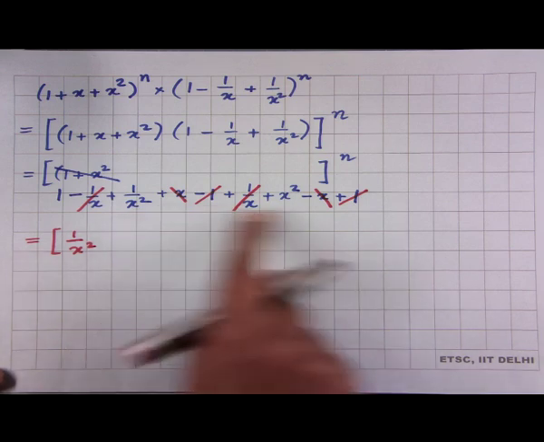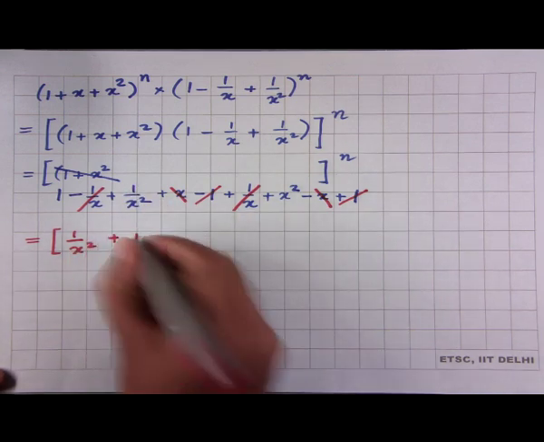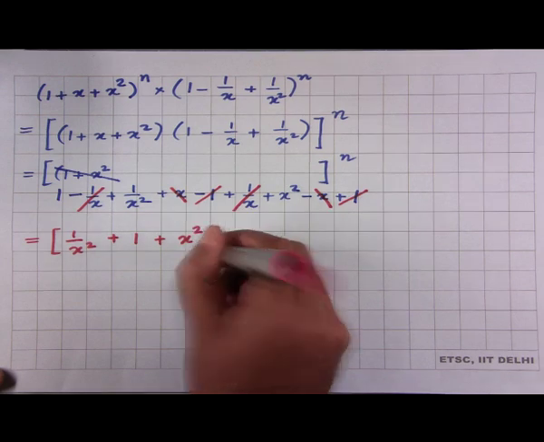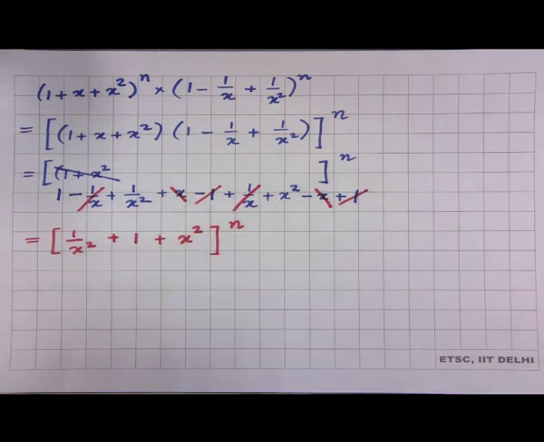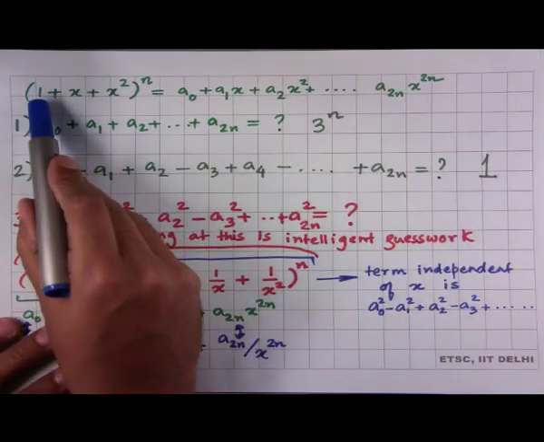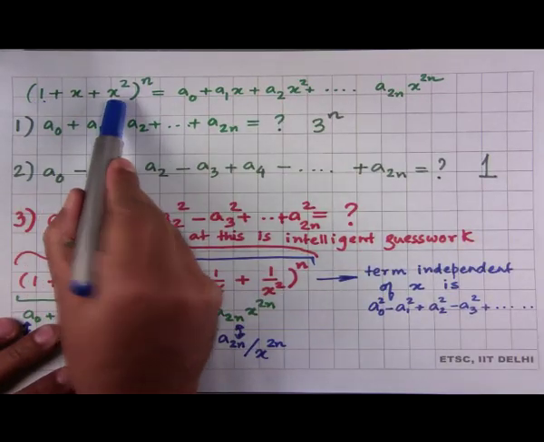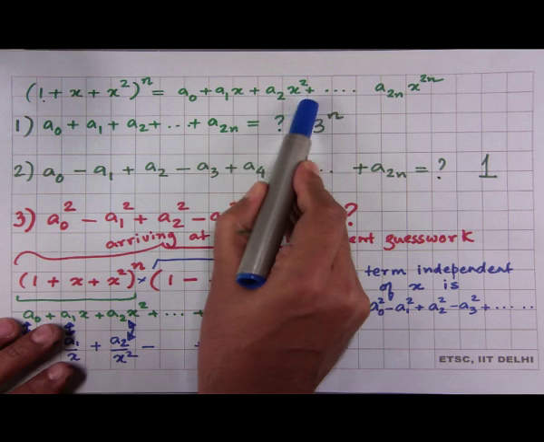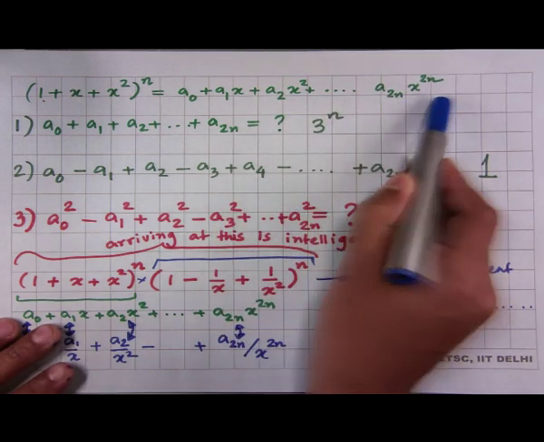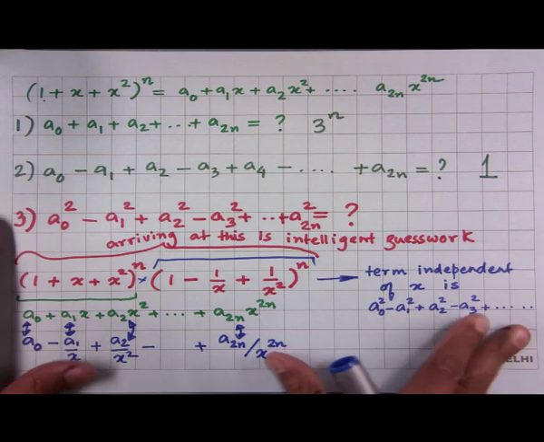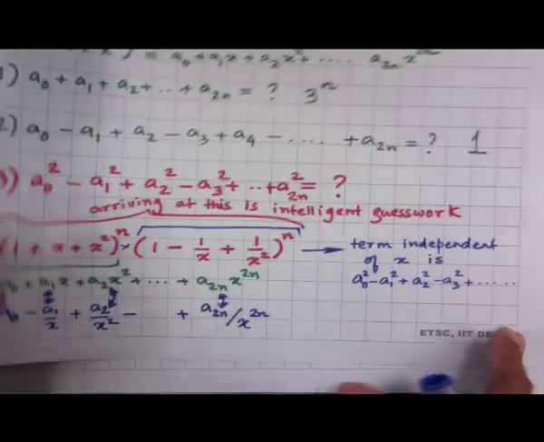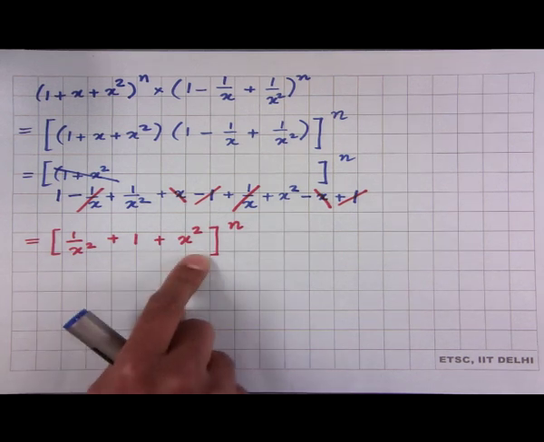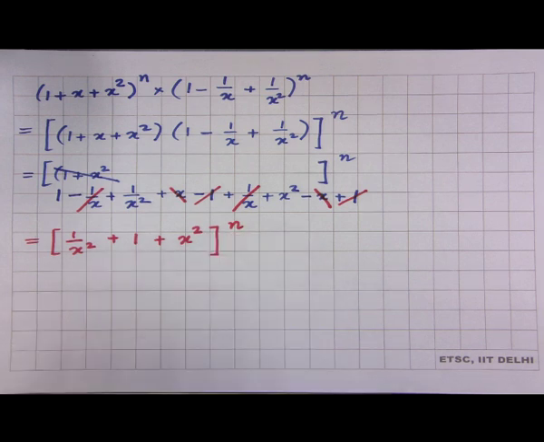1 by x squared plus 1 plus x squared whole to the power n. Okay. Recollect the question, 1 plus x squared whole to the power n was given as a naught plus a 1 x plus a 2 x squared plus so on a 2n x power 2n. So, if this is what is given, what is going to be 1 by x squared plus 1 plus x squared whole power n.